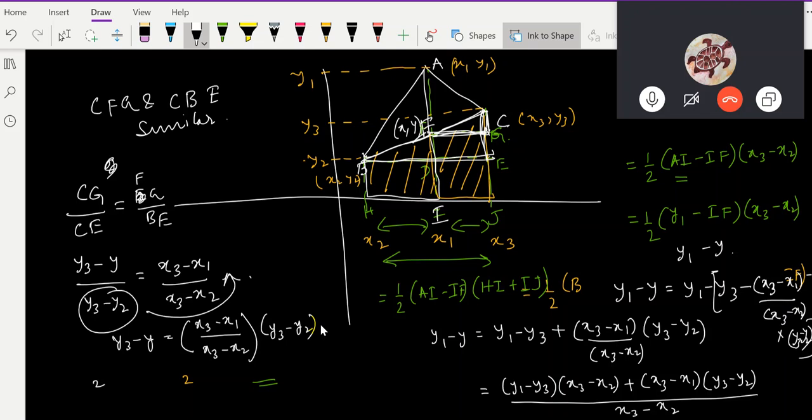So now you see there is an X3 minus X2 term here, which is multiplied by Y1 minus Y. So this into this, right?